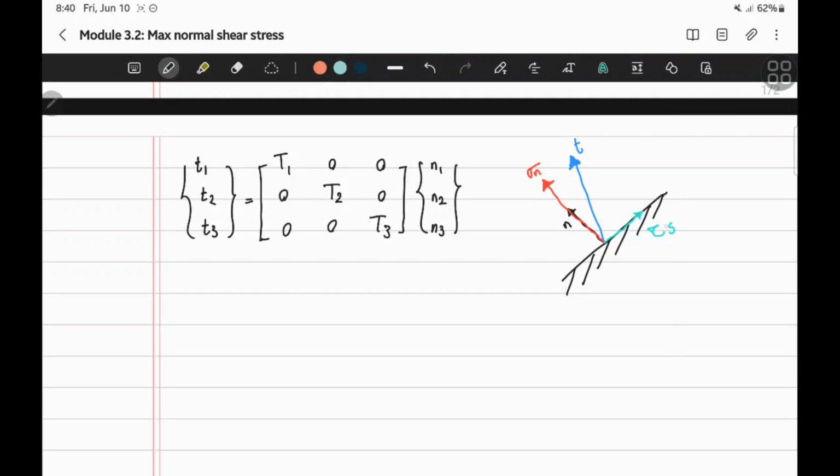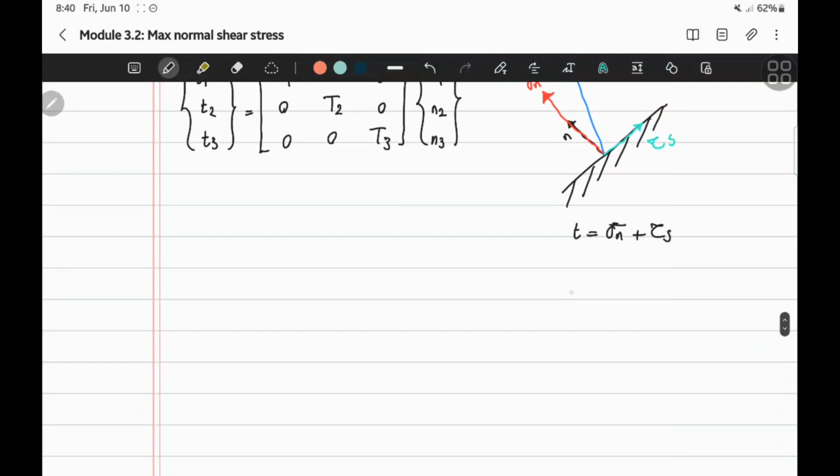So based on this, we know that traction is equal to sigma N plus tau S. And here, tau S becomes T minus sigma N. So if you want to find the magnitude of tau S, we put it into two pipes, or the absolute value is T squared minus sigma N squared. These are two vectors, right?